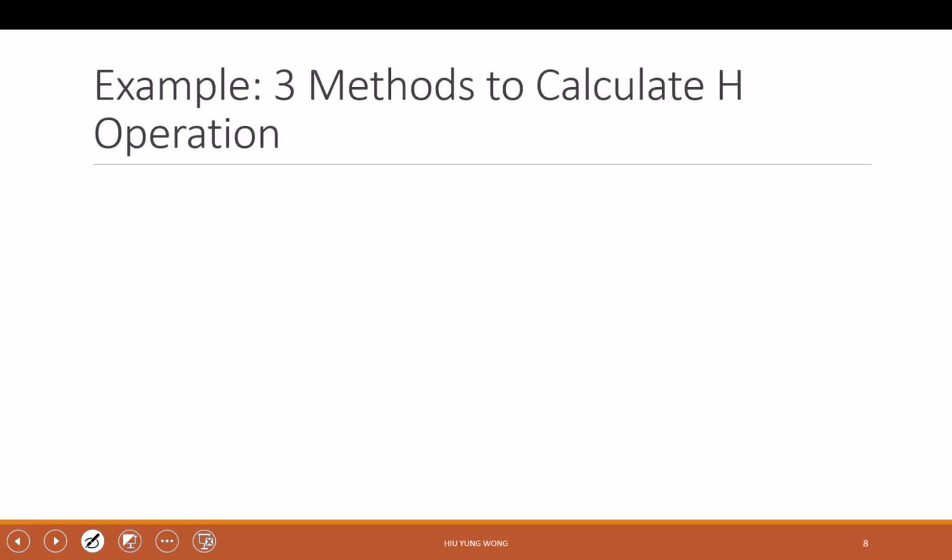So my question is to calculate the H operation. This is a review again. You know how to do it already, but let me start with this method 3. We use the equation. I call it method 3. What equation?